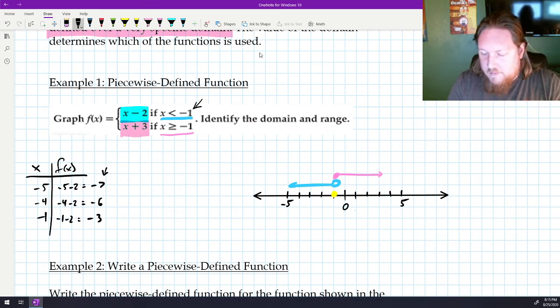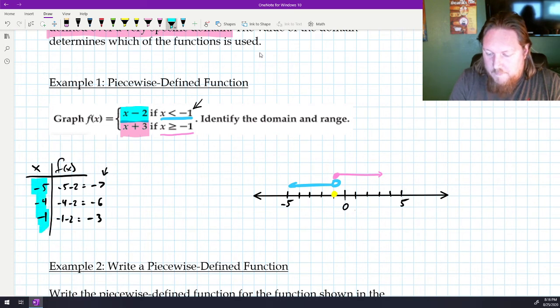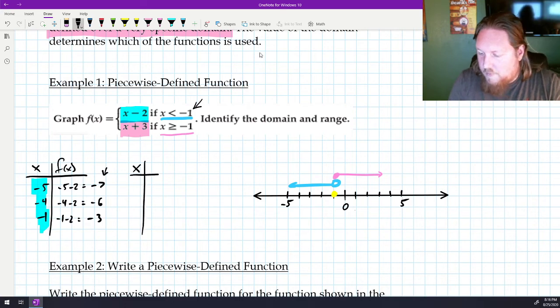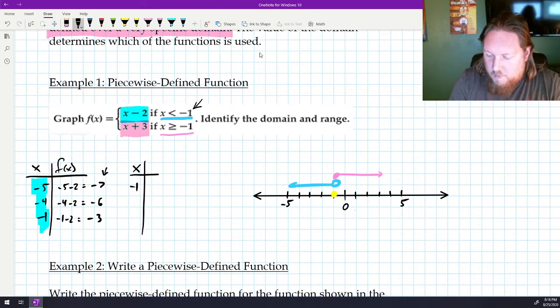And now the next idea is, so those were all part of the blue domain. And now I'm going to talk about numbers in the pink domain. So what are numbers that are bigger than negative 1? Well, let's start at negative 1, 0, and let's do 2. And we plug them into the function.